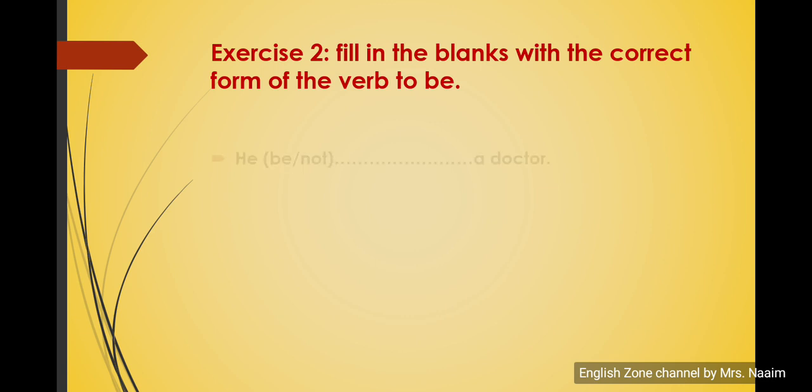Okay, so the first one, so we have he, and between brackets we have be not a doctor. Okay, if I ask you here, which form are we talking about here? And you tell me why. Let me give you some time to think about the answer.